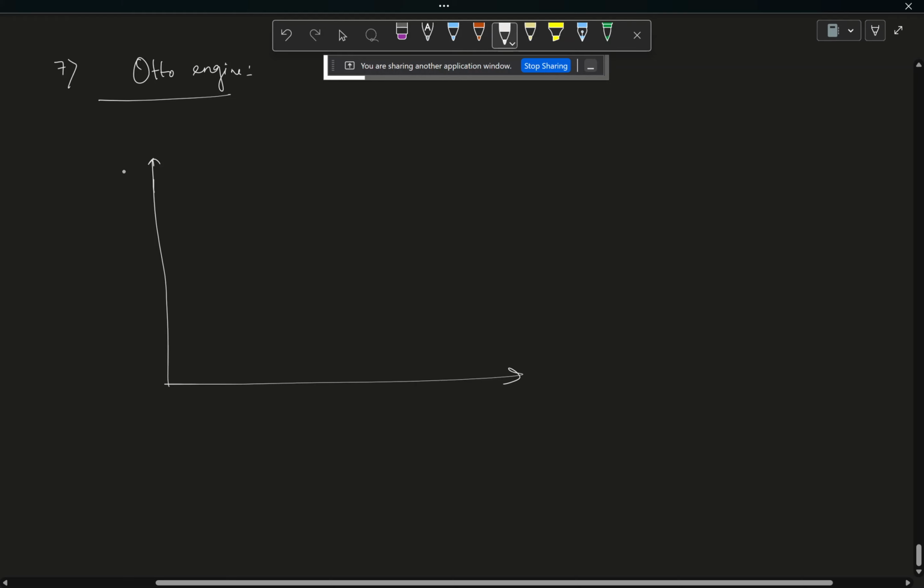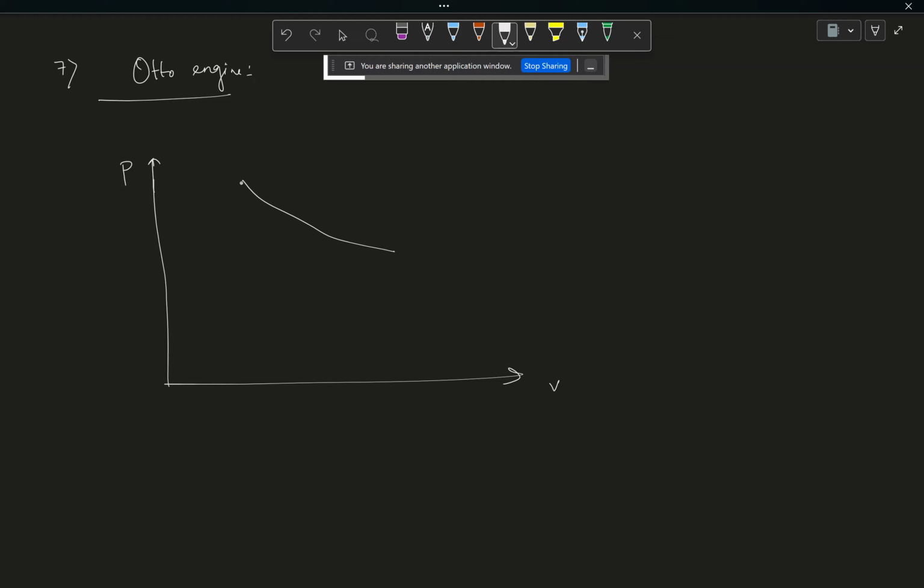So just for simplicity, we'll draw a very schematic PV diagram of the Otto engine. This you can also find in the lecture material itself, but I am just drawing it because that makes it easier for us to understand the problem. Okay, so let's say going like this and then going like this, this is again a cyclic process, and then again coming back like this.